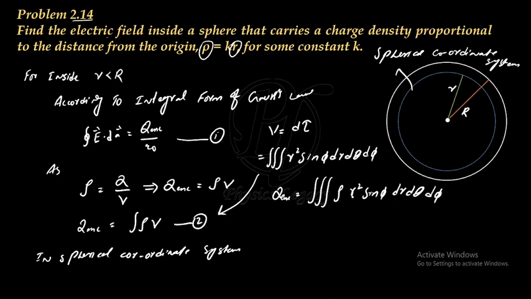Here the limits of integration for r, theta and phi are: for r, 0 to R; for theta, 0 to 2 pi; and for phi, 0 to pi.